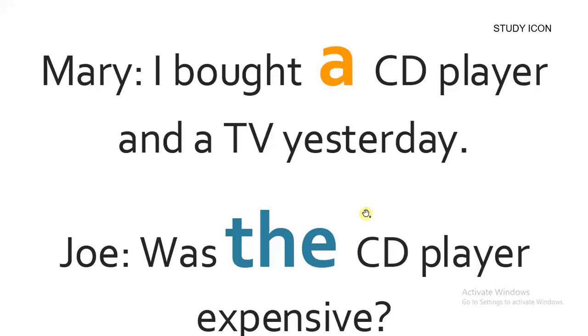In the first case, when we are starting any story or a conversation and talking about any particular thing, the first sentence will start with a or an, and in the rest of the story we will use the for that particular object or thing. Like car, in the first sentence we will use a car, and in the rest of the story or the conversation we'll use the car. So this is the difference.